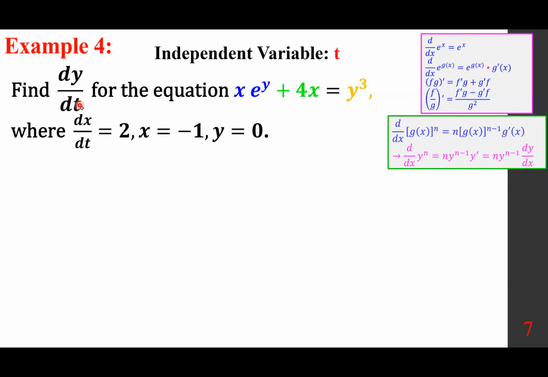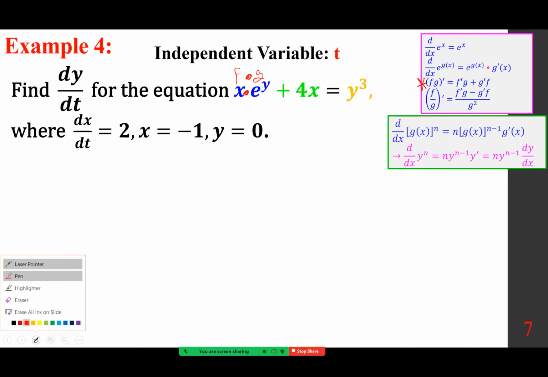And so to differentiate this, I'm going to put a raised dot here again. F times g, and we are going to use the product rule, f prime g plus g prime f.